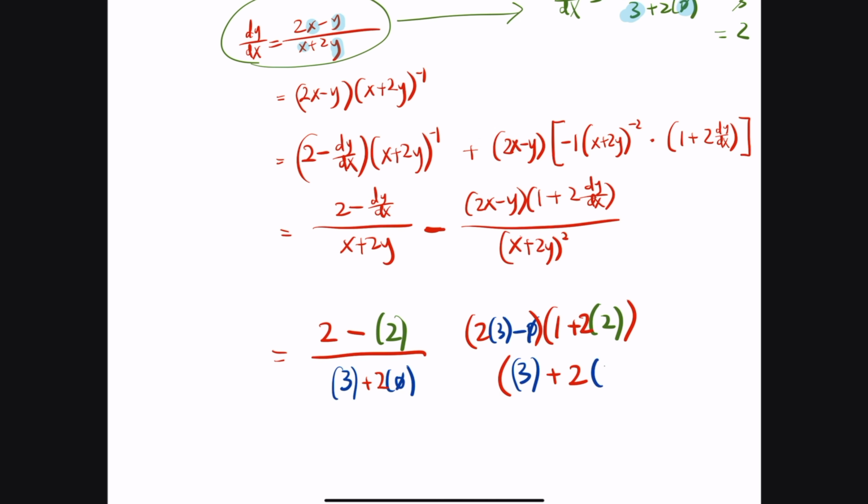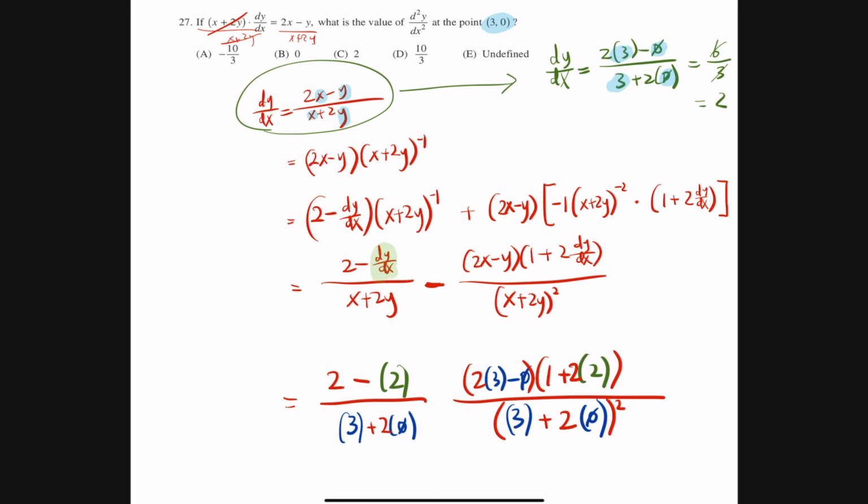Hopefully everybody sees what I'm doing. I literally plugged in 2 wherever dy/dx is, because that's what it is. The y's I replace with zeros, and the x I replace with 3's. So you just have to not mess up the signs, and that's what it is.